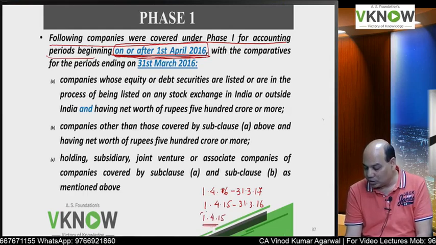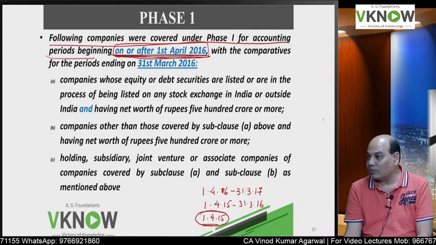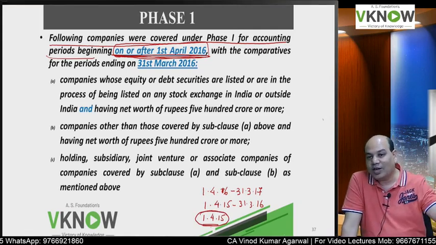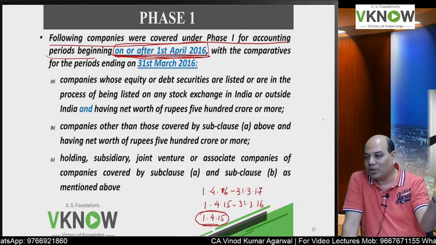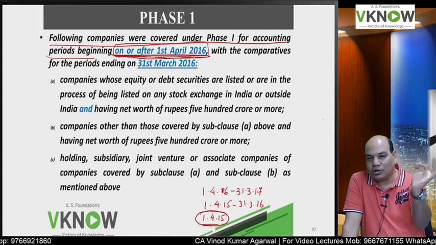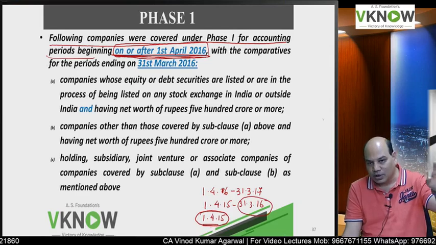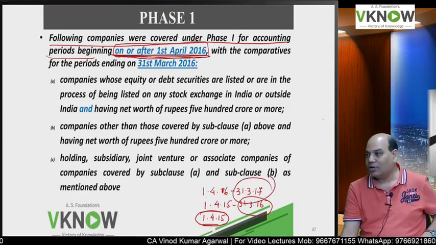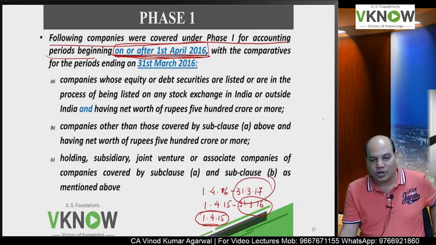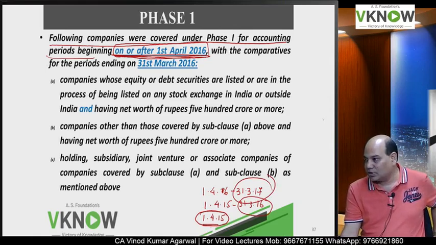So really speaking, you have to start working from a much earlier date so that you can prepare one opening balance sheet on 1/4/15, comparative balance sheet on 31st March 16, and the balance sheet of that financial year on 31st March 17.